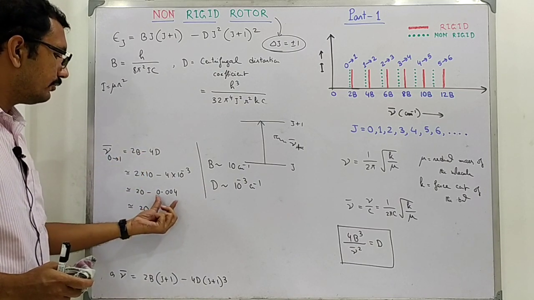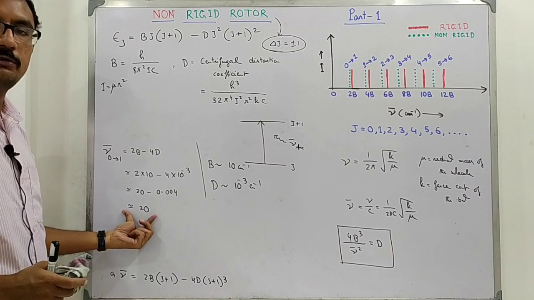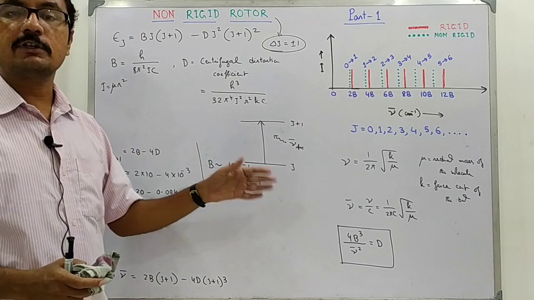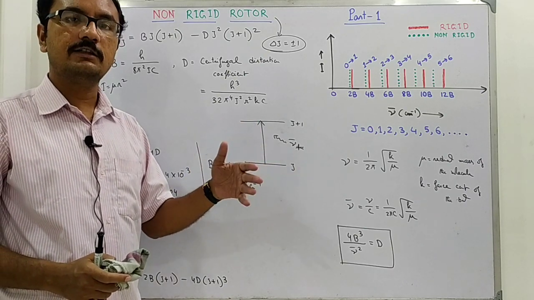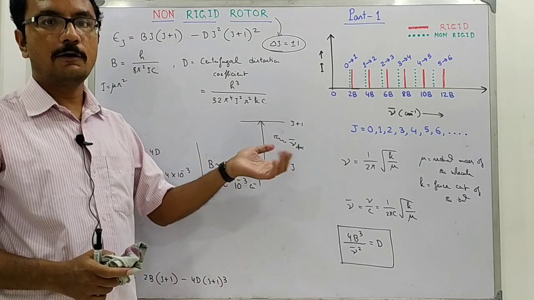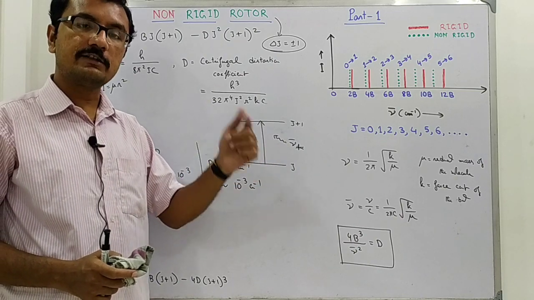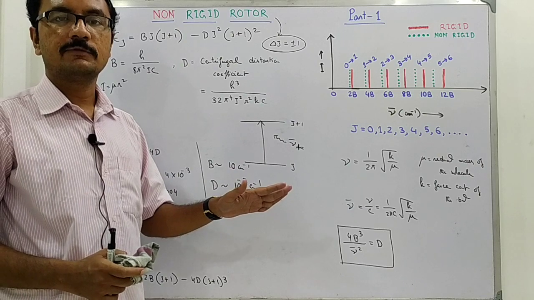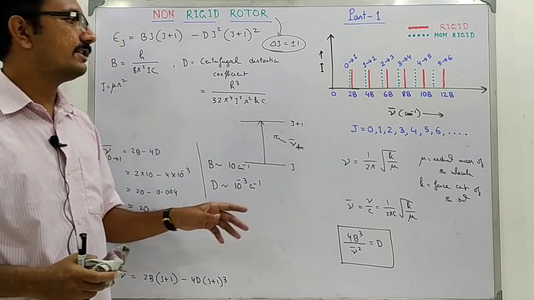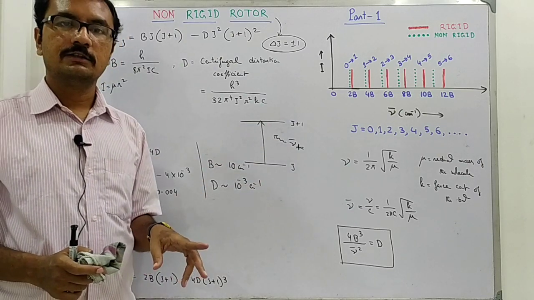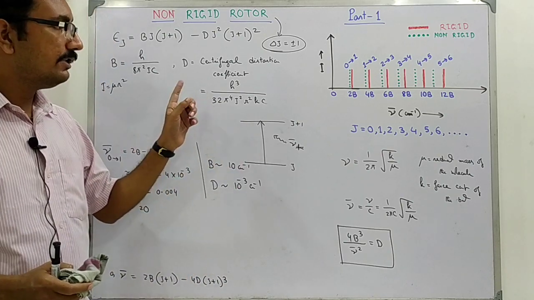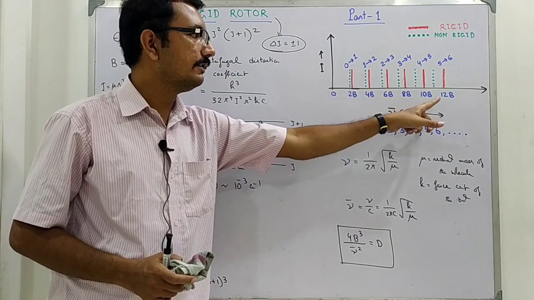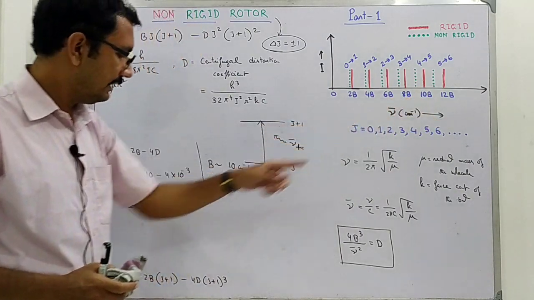So, 20 minus 0.004 will be almost equal to 20. Hence, they chose the first line. That was by no means arbitrary. You must choose the first line of the rotational spectrum while calculating the bond length, since you are using the expression of rigid rotor.